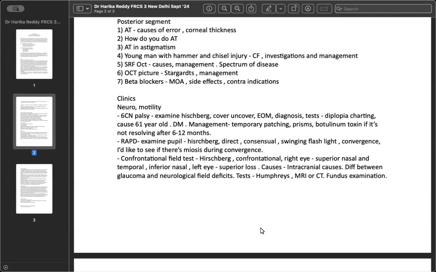They were like, this patient has a visual field defect in one gaze. Which test would you like to do? Then I told them I'd like to do a confrontational field test. They asked me to perform it. So again, for all neuro motility, always start with Hirschberg. Then you do confrontation.